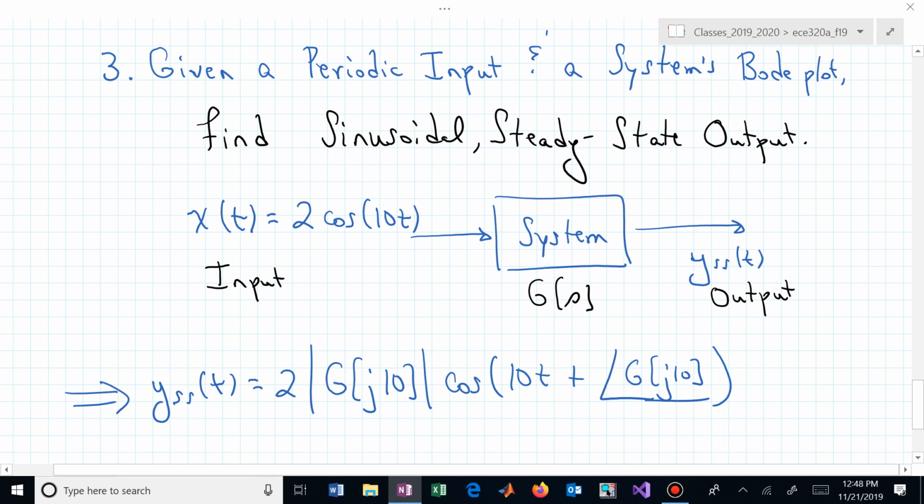We now know more definitively what the output is doing relative to the input in the sinusoidal steady state. That angle just tells you how you're shifted in terms of how the peaks are not aligned, and the amplitude says how you've now collapsed or expanded the sinusoid at that particular frequency.